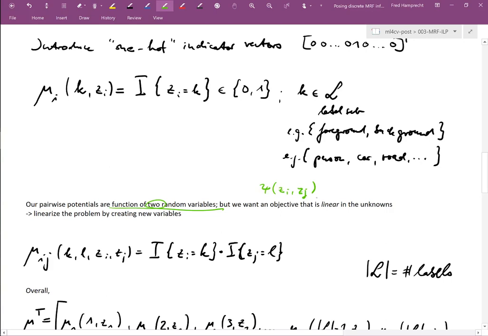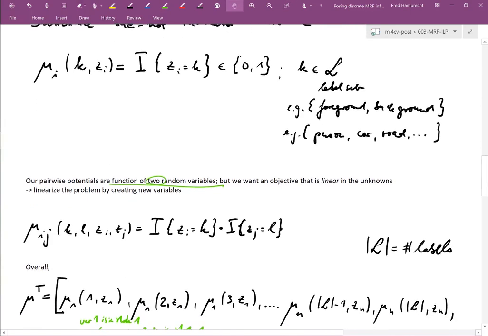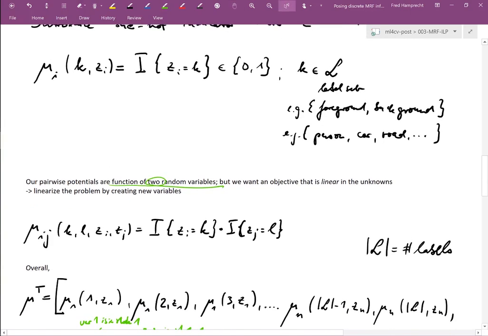But we want something that is linear in the unknowns. Yeah? So we would want a function that depends only on one variable at a time, not on two variables at a time. So we need to, somehow, put it in the right shape. And this we accomplish by linearizing the problem.